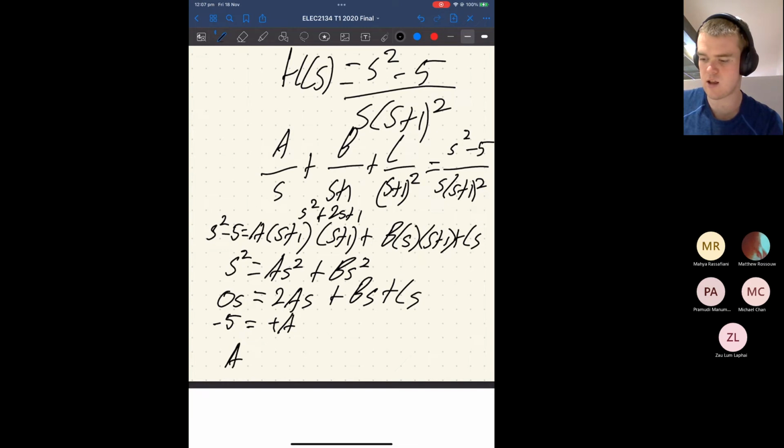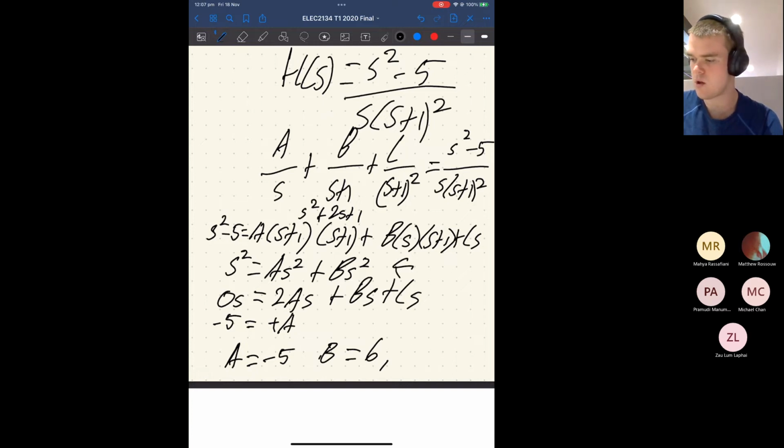So that tells us that A is equal to minus 5. Then B is equal to 6 from the top one. And then C will equal minus 10 plus 6 plus 4.